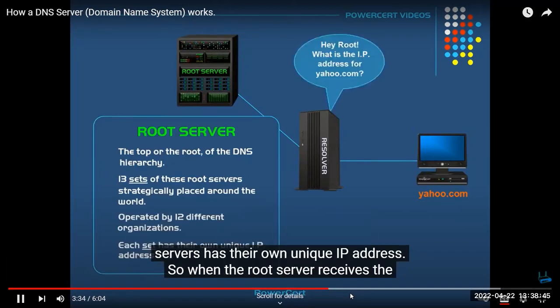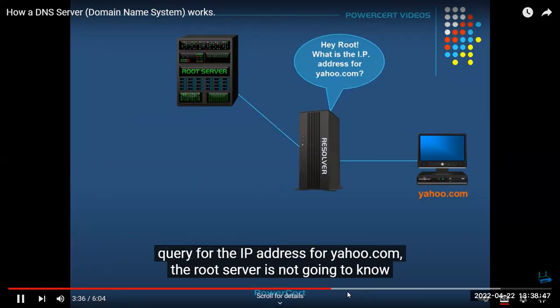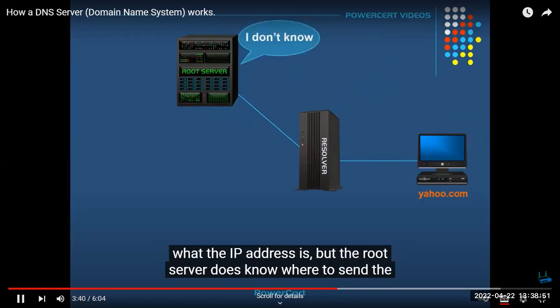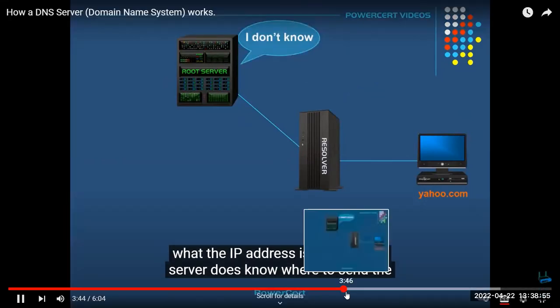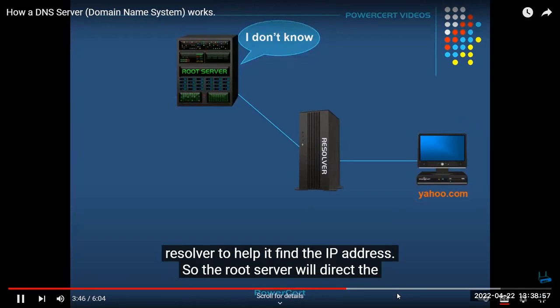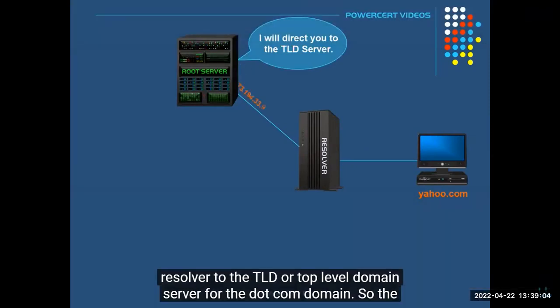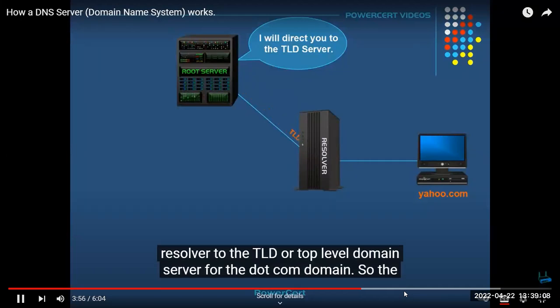So when a root server receives the query for the IP address for yahoo.com, the root server is not going to know what the IP address is. But the root server does know where to send the resolver to help it find the IP address. It knows where to send the request. The root server will direct the resolver to the TLD or top level domain server for the .com domain.